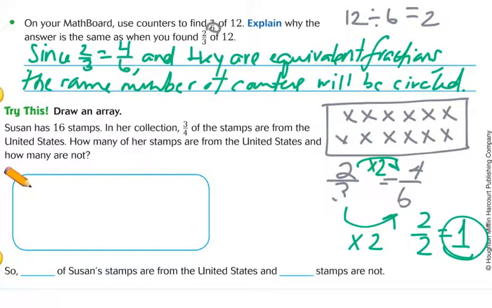And boys and girls, you can see that when we circle the groups, you have 2, 4, 6, 8 counters circled again.